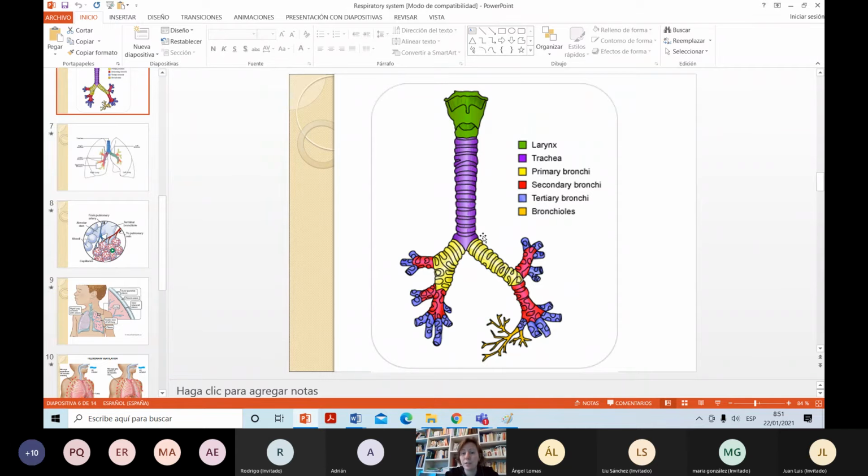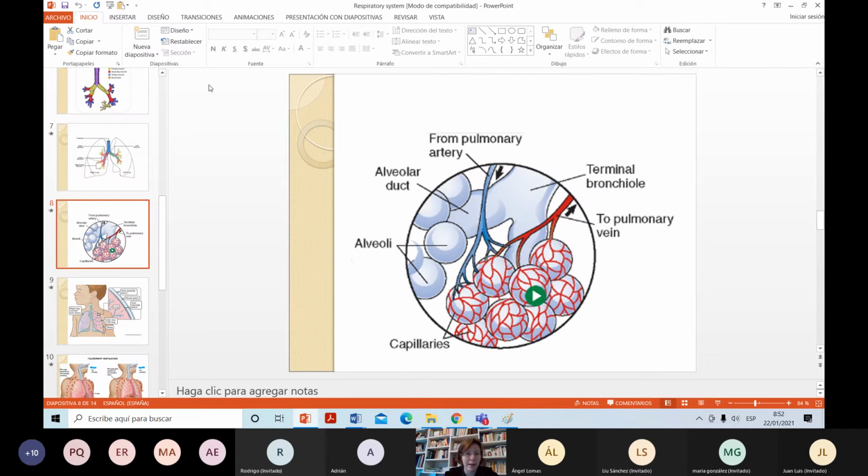This trachea divides into bronchi, and the bronchi still contain cartilaginous tissue. They will turn into bronchioli with no cartilaginous tissue. And they end up in the alveoli.